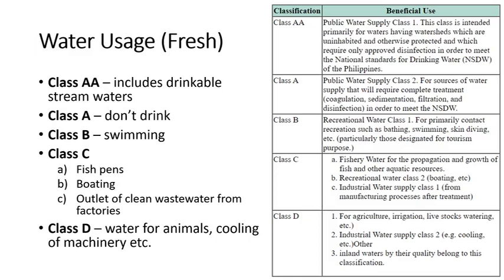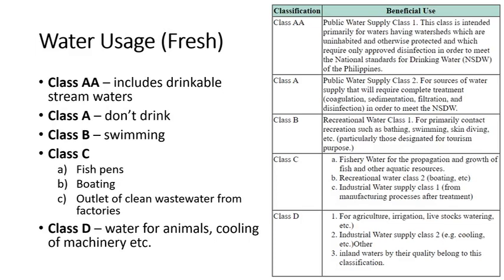Although in the water classification, these waters have to be checked by the national standards for drinking water first to see if any form of disinfection has to be done. Okay? And Class A is mostly water that you can't really drink directly, but can be drunk after filtration and other water treatment.